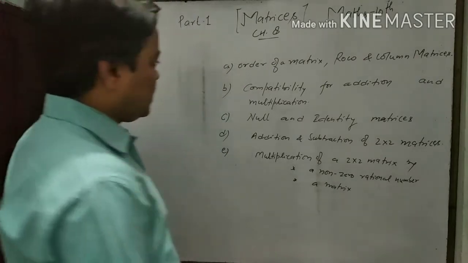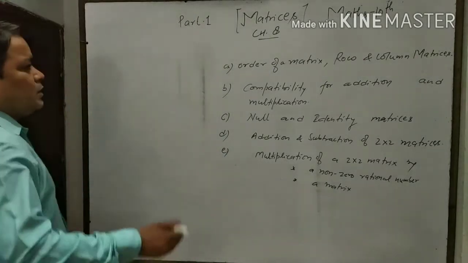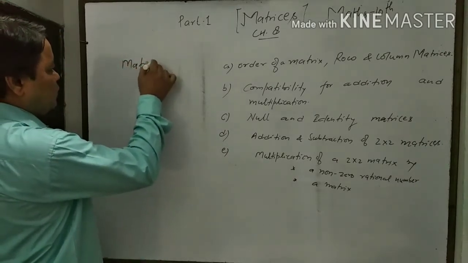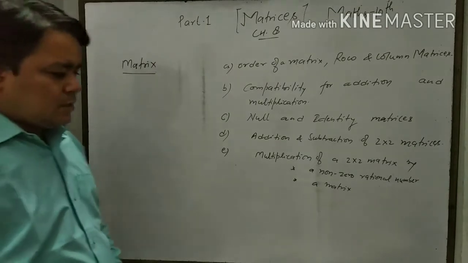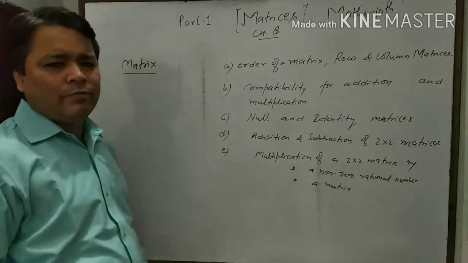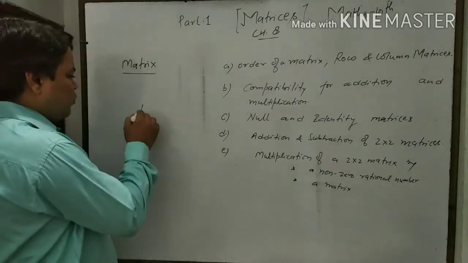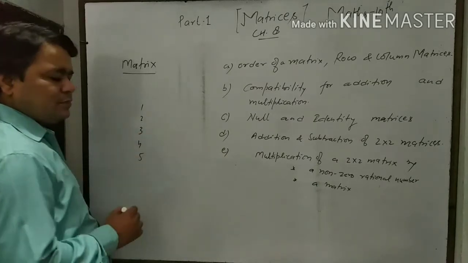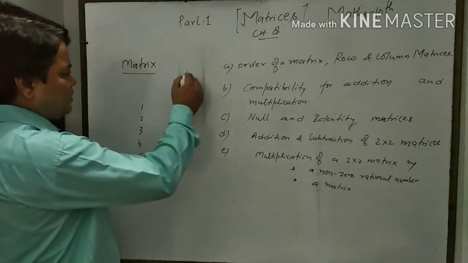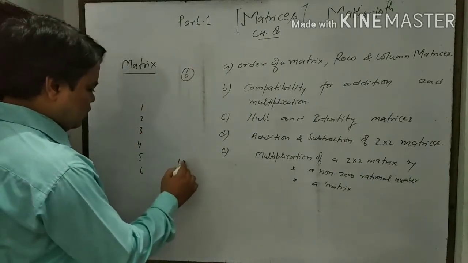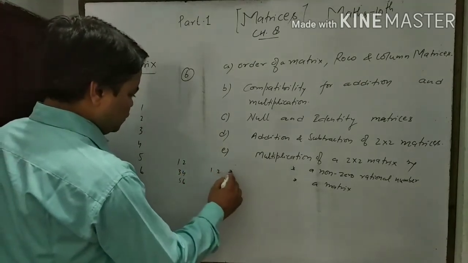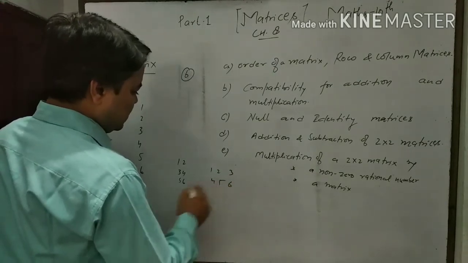But before starting the topic, first of all we should define what a matrix is. Here we can arrange numbers in different forms. Just like if we have 1, 2, 3, 4, 5, 6, that is 6 numbers. These 6 numbers can be arranged in this way, this way, or this way also.